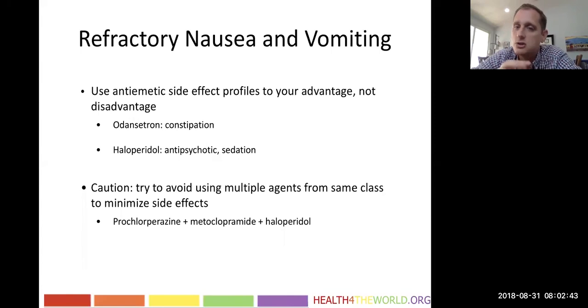Those all have partial, haldol a lot, of dopaminergic activity. Your risk of having side effects if you put all three of these together would be very, very high. So just another thing to keep in mind, don't just keep throwing the kitchen sink at these patients. Stop, go back, ask yourself which receptors are involved, and then try to pick the best medication at increasing doses of which receptor you want to target.